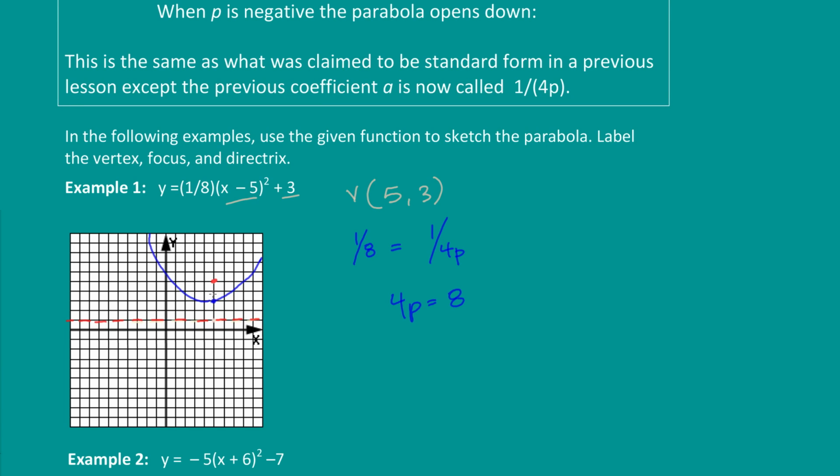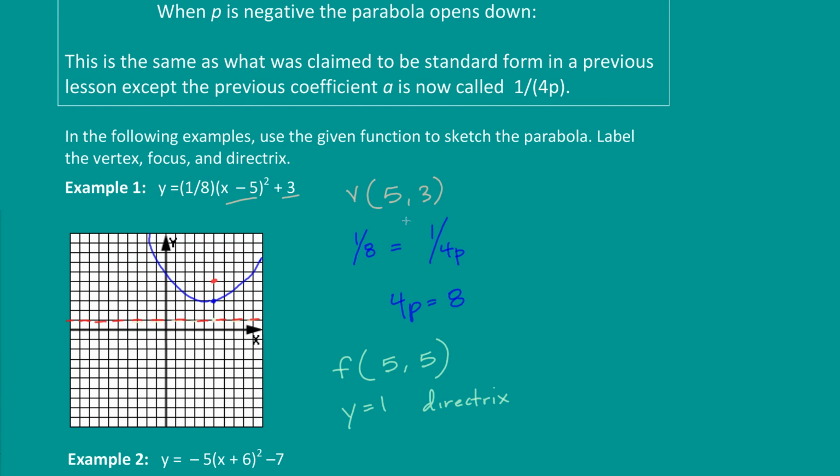Because I'm going up, my focus is going to be higher. I'm just going to go up 2 from our vertex, so it's the same x value, 5, and our y goes up 2. And our directrix is this line. Since it's gone down 2, it has a y value of 1, so y equals 1 is our directrix.